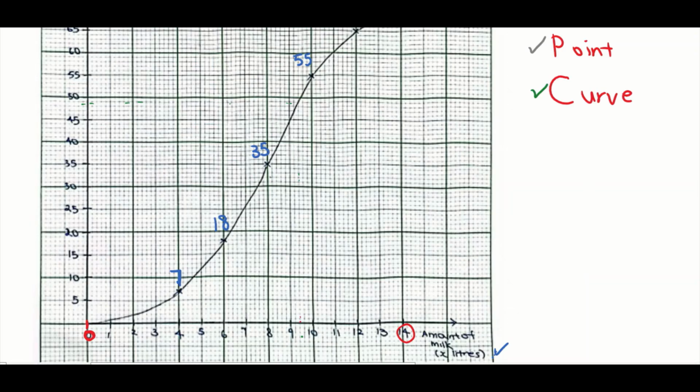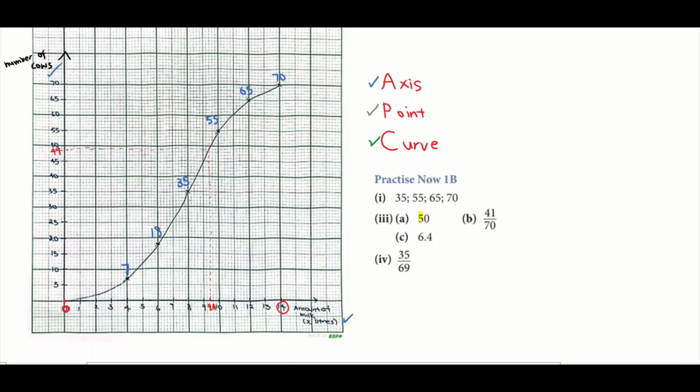I spot 9.4 over here, and I will dot all the way up till it reaches my cumulative frequency curve, and dot from this point all the way to the left hand side. I have 49 cows. So 49 cows is not the exact number. The textbook actually shows 50 cows. So if you get the answer 50, you are with the textbook.